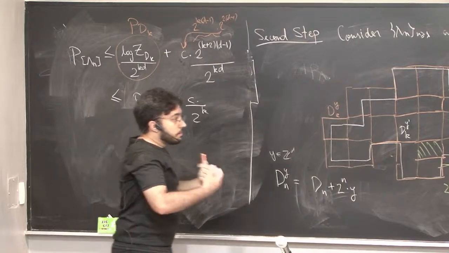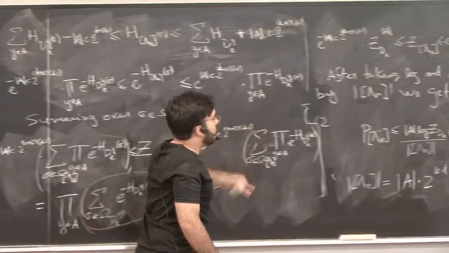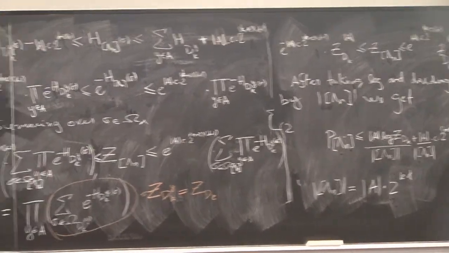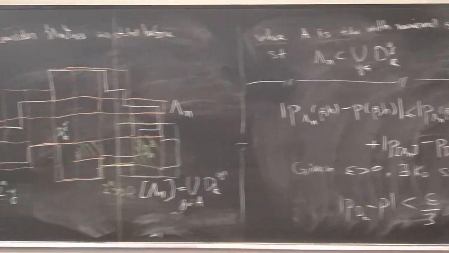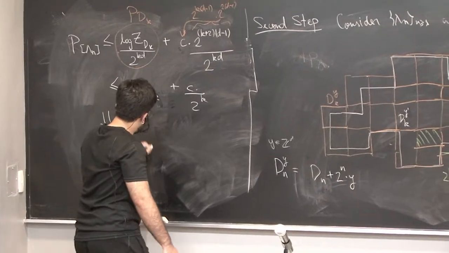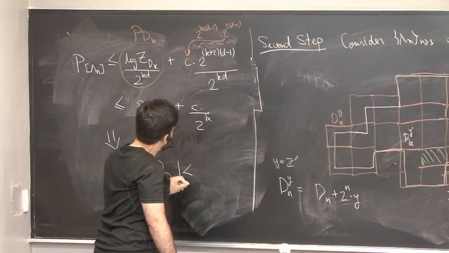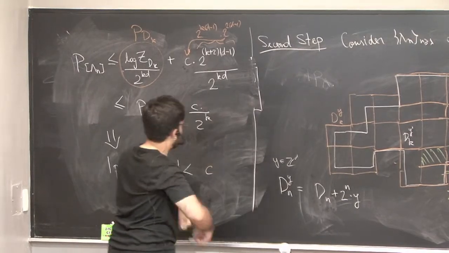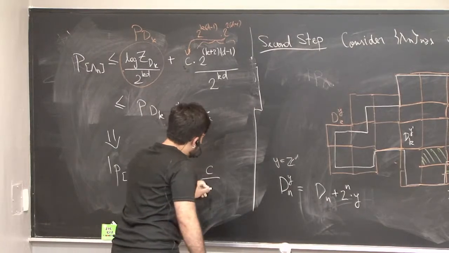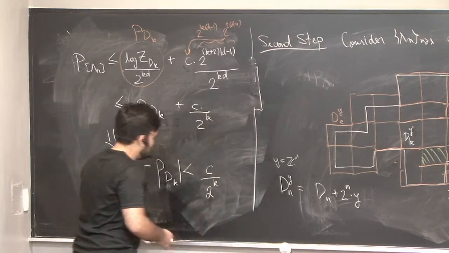And a similar trick works for the lower bound. So what I conclude is that the difference between this pressure minus P_dK is less than a constant that doesn't depend on K and N over 2 to the K. Okay?